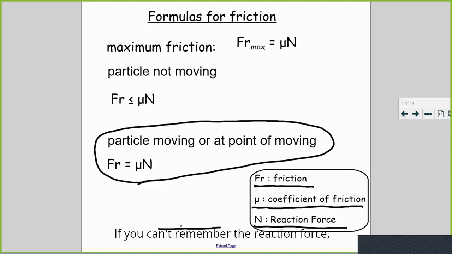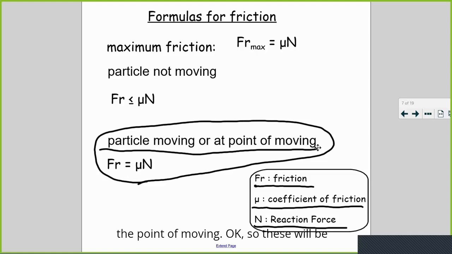If you can't remember the reaction force, remember this is the force which acts at right angles to the surface. This is the formula for friction that we use. Now, this is when the particle is moving or at the point of moving. So these will be the main scenarios which we will have in our questions.